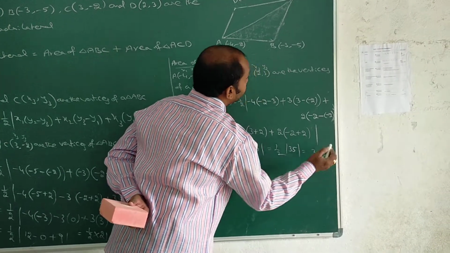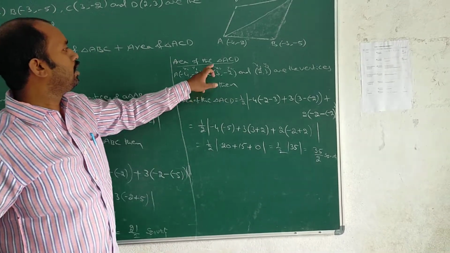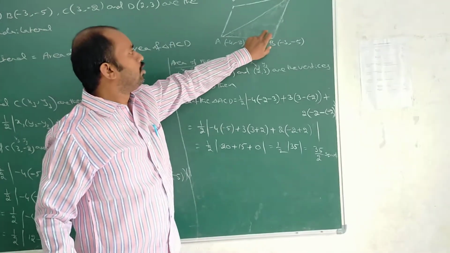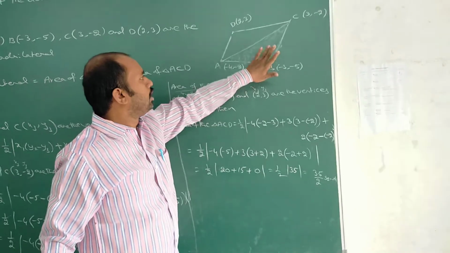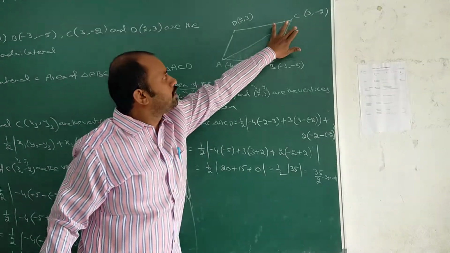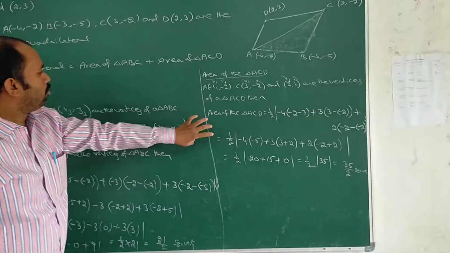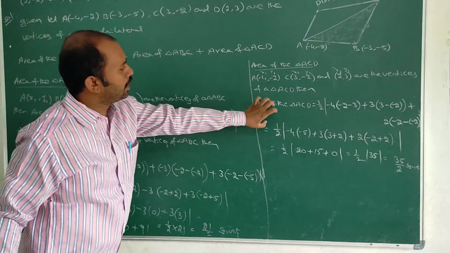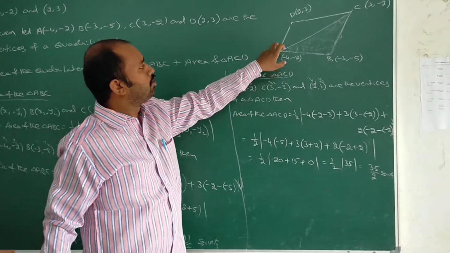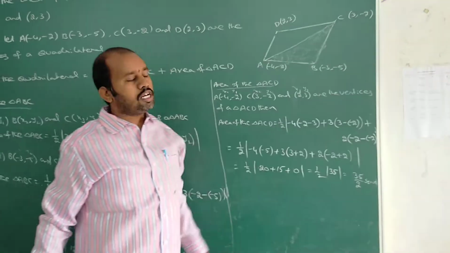This is the area of the triangle ACD. Now we have found the area of the first triangle ABC and the area of the second triangle ACD. Now add both triangles. What do you get? The area of the total quadrilateral.